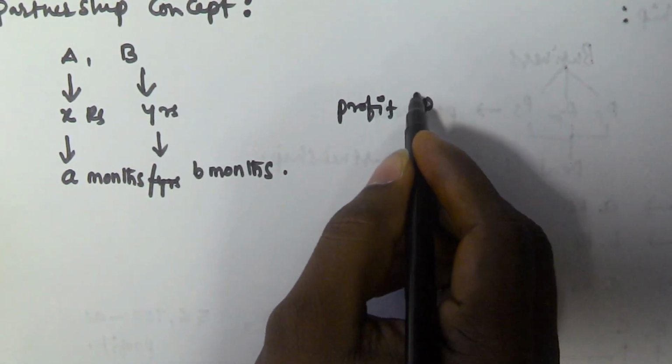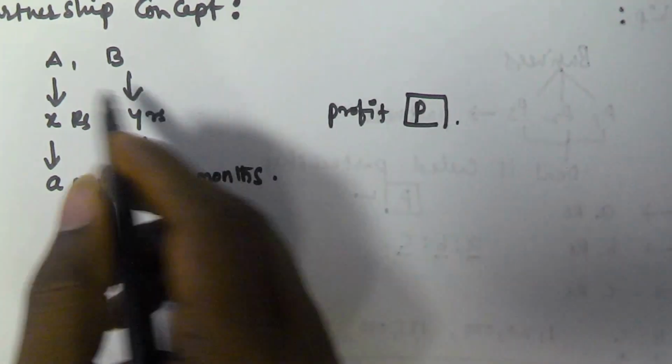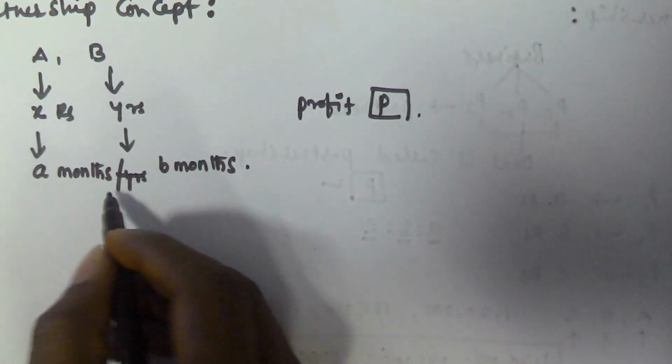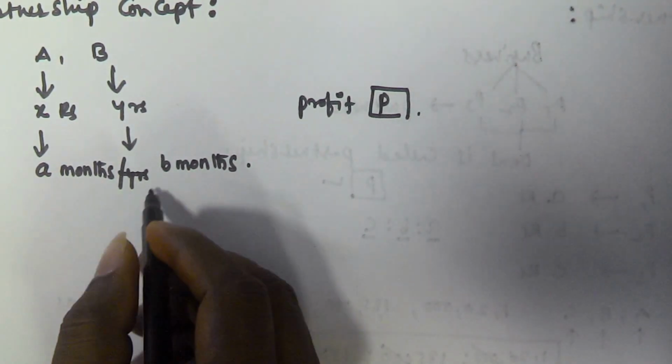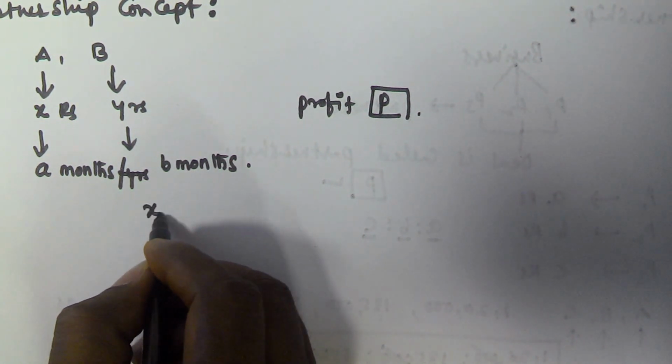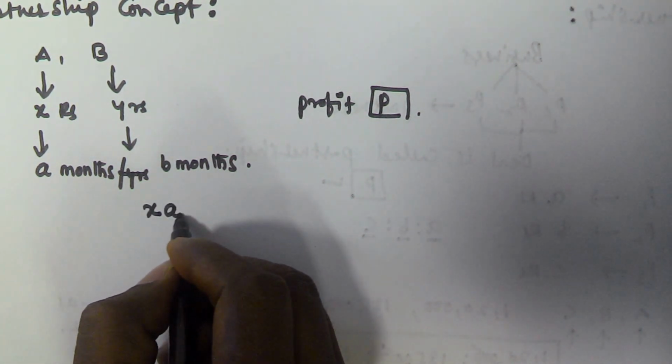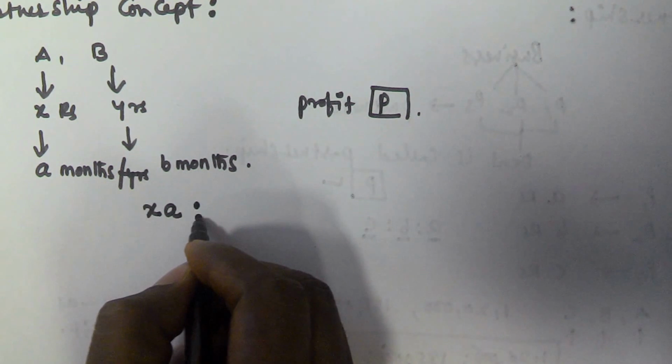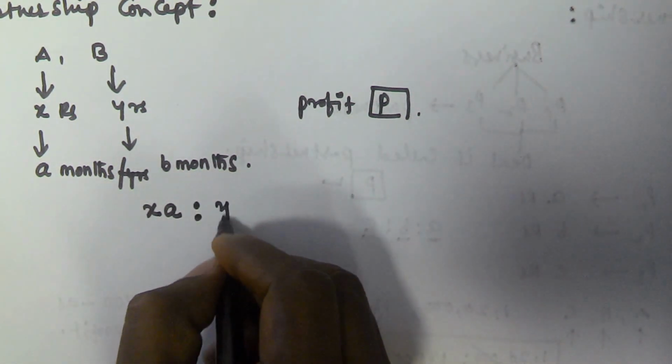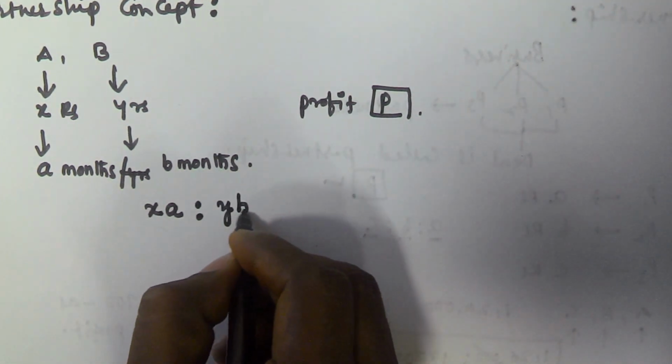In what ratio do we have to divide this profit between A and B? The ratio is given by the amount A invested and the number of months, that is Xa, and the amount B invested and the number of months he invested.